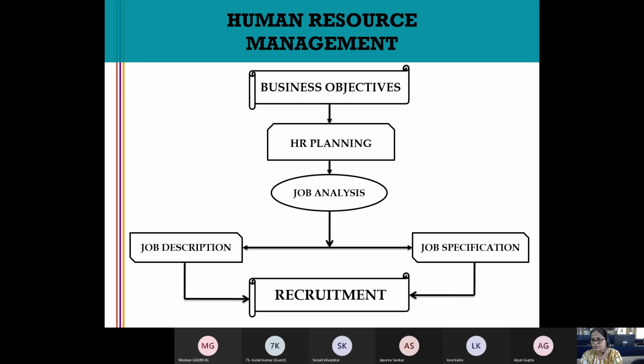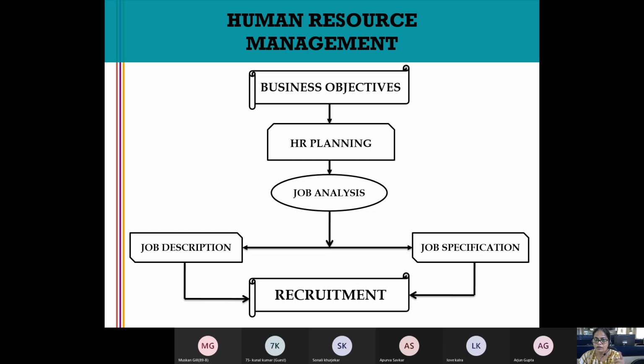And finally, we screen, we ask them to come to interview, we take up some tests, we may conduct GD, maybe personal interviews, some different job related tests, etc. That comes under selection. That is the difference.